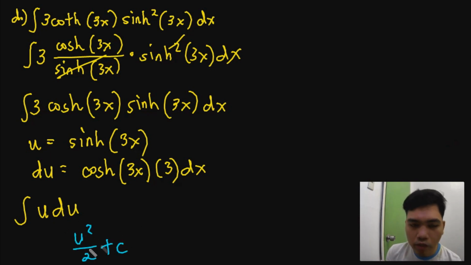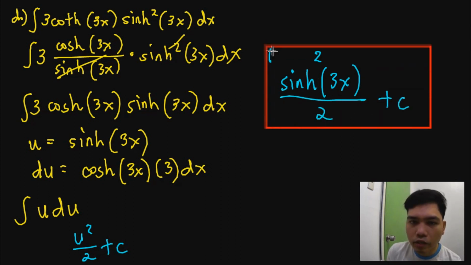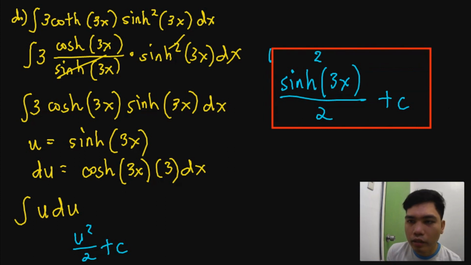And substituting back to our original expression, u becomes hyperbolic sine of 3x, squared, divided by 2 plus c, and this is your final answer. If you want to check that, you can see clearly that you just have to do the power rule.